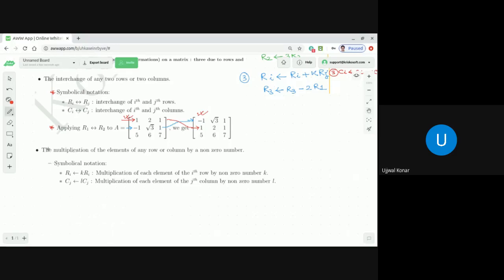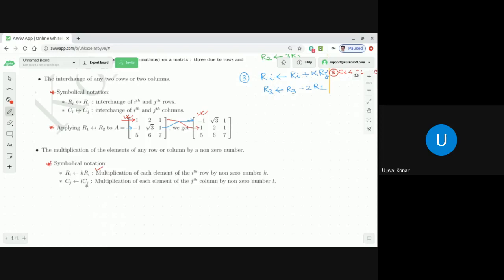The symbolic notation is something like Ri. As you see, new Ri becomes k into Ri. As mentioned here, it is the multiplication of each element of the ith row by a non-zero number k.